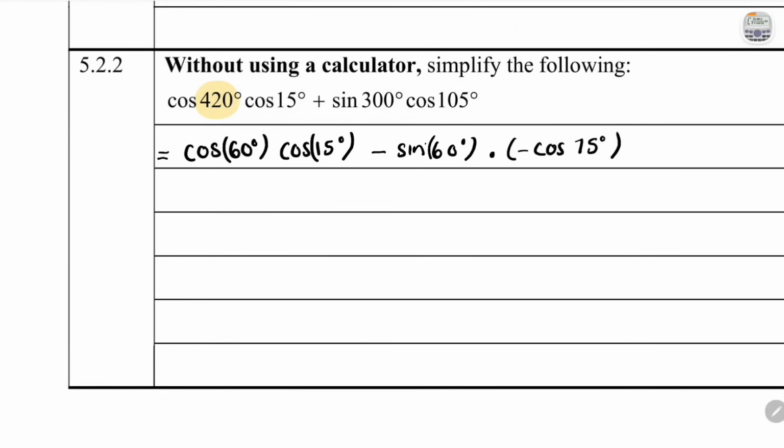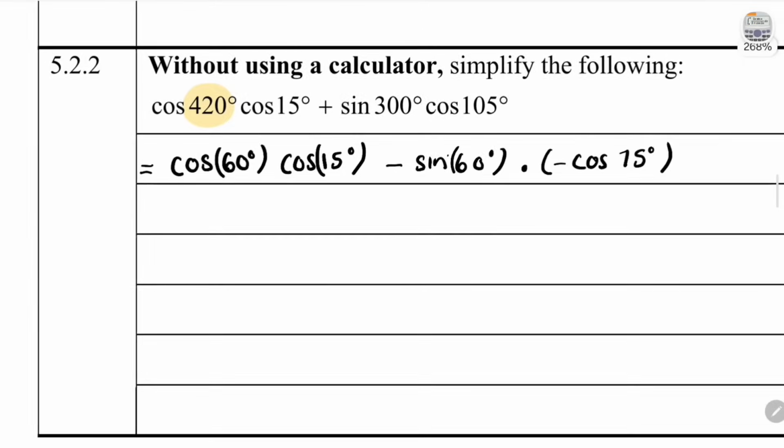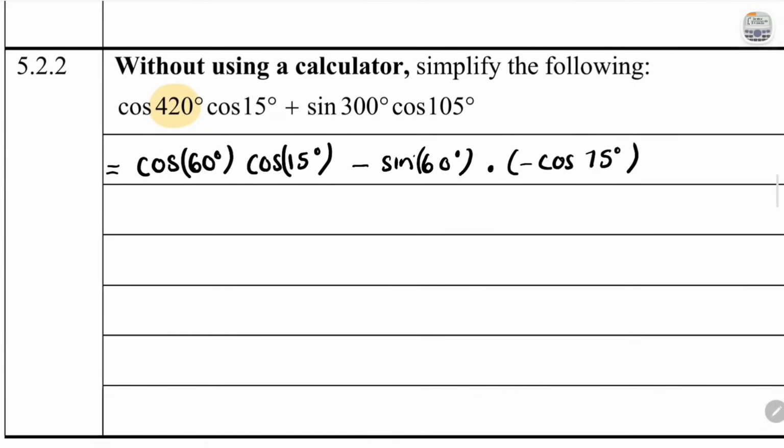Now, if we look at the angles that we have, notice that they're actually following a pattern. We've got 60, 15, and then we've got 60 and then 75. So that can be changed. Now you'll notice that because these two are the same, these two could also be the same. But this is 15 and that's 75.